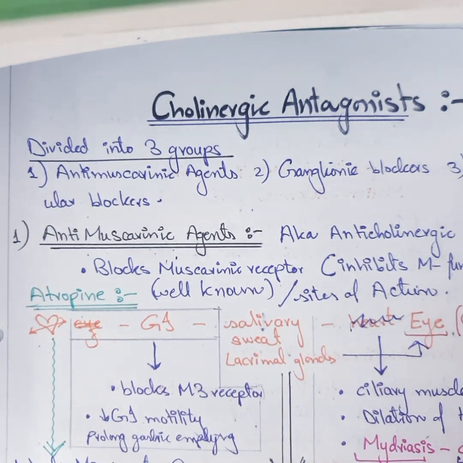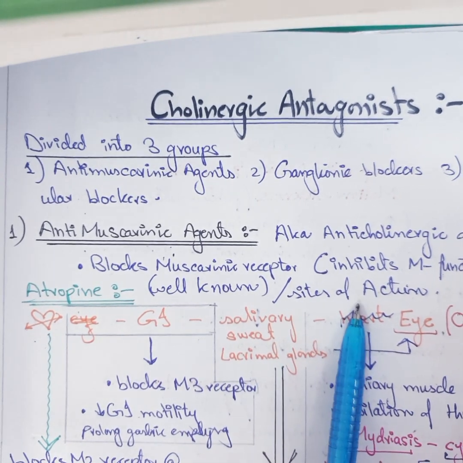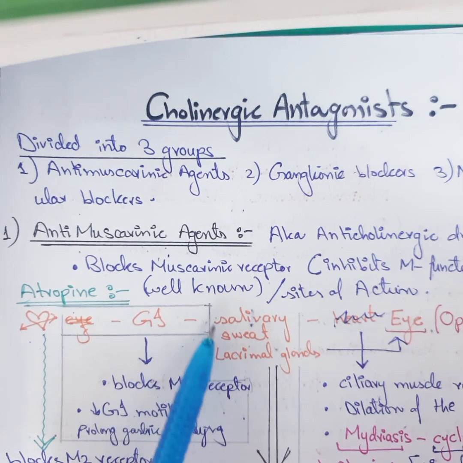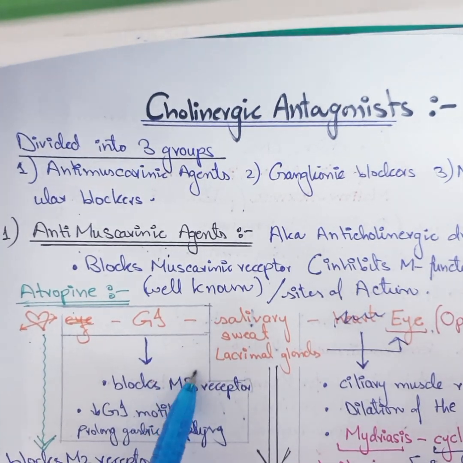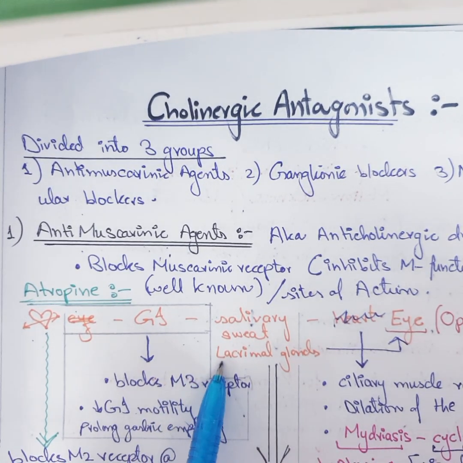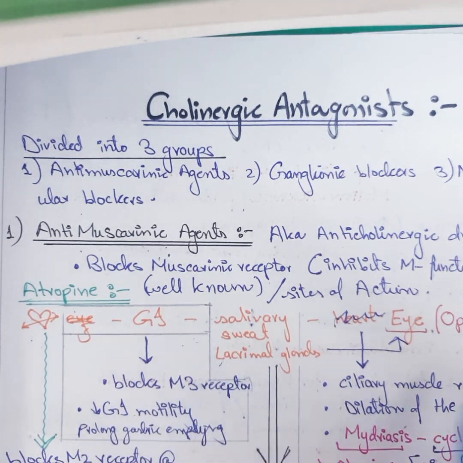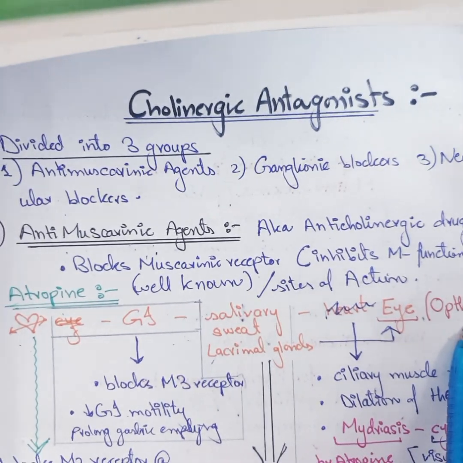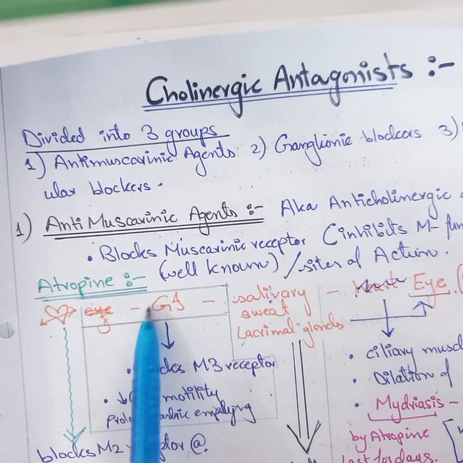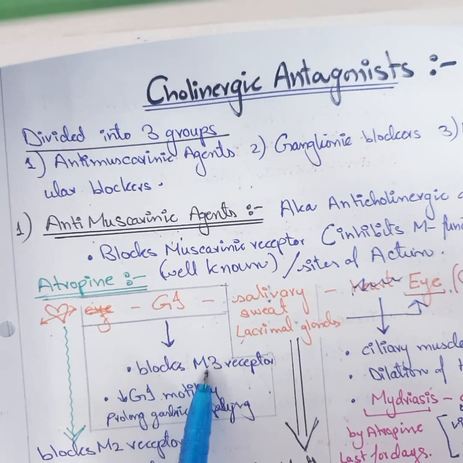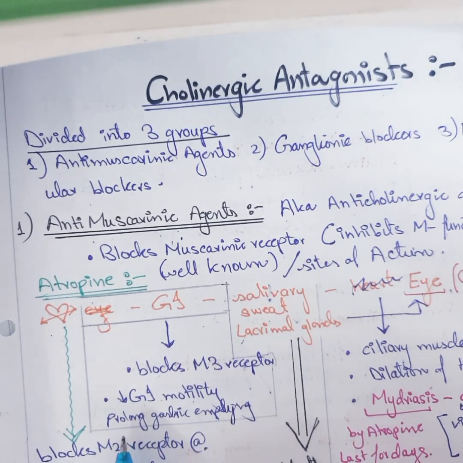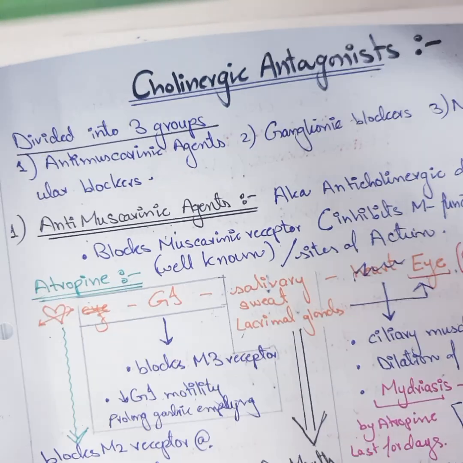The sites of action of atropine are the heart, GI tract, salivary glands, sweat glands, and also the lacrimal glands, which are associated with tears, the eye. It is widely used in ophthalmology. In the GI tract, it blocks the M3 receptor, resulting in decreased GI motility and prolonged gastric emptying.